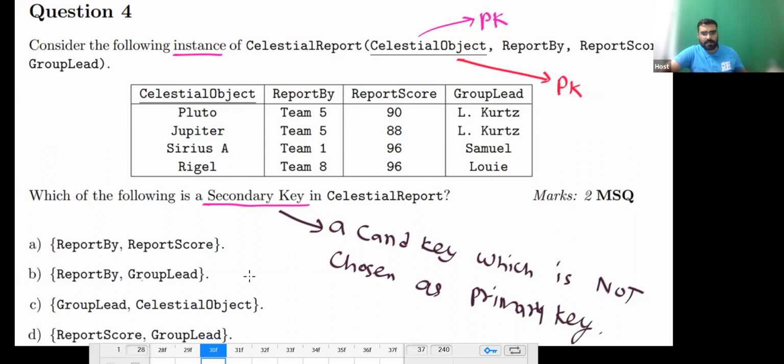The secondary key means a candidate key which is not chosen as primary key. Another name for secondary key, what is that? That is alternative key.